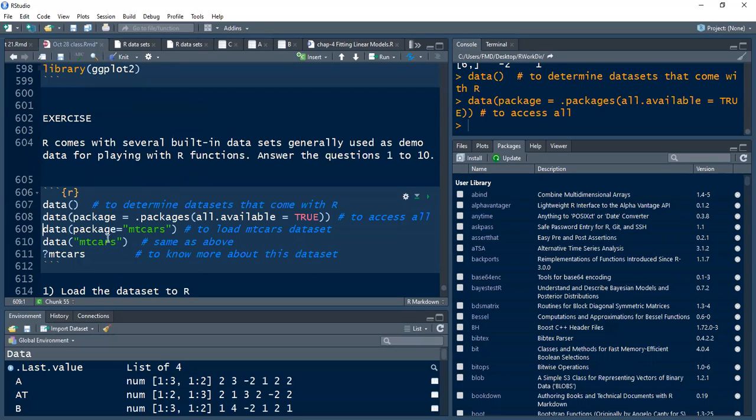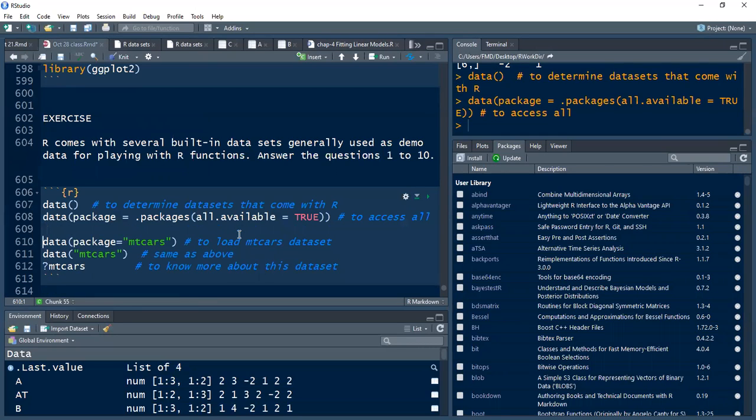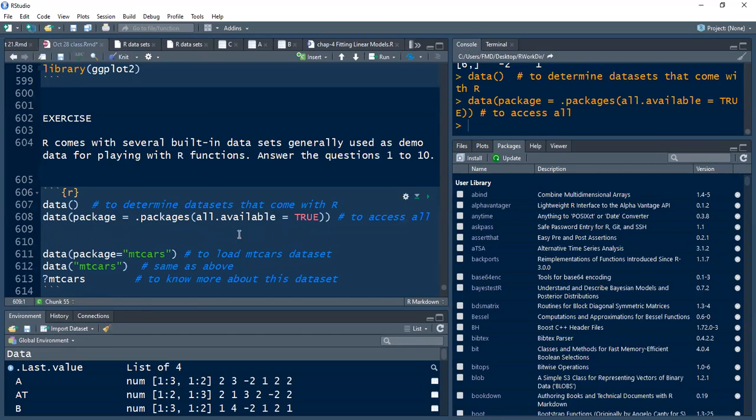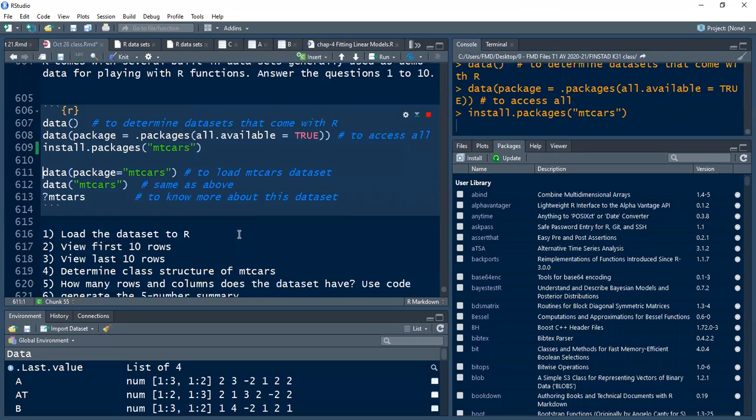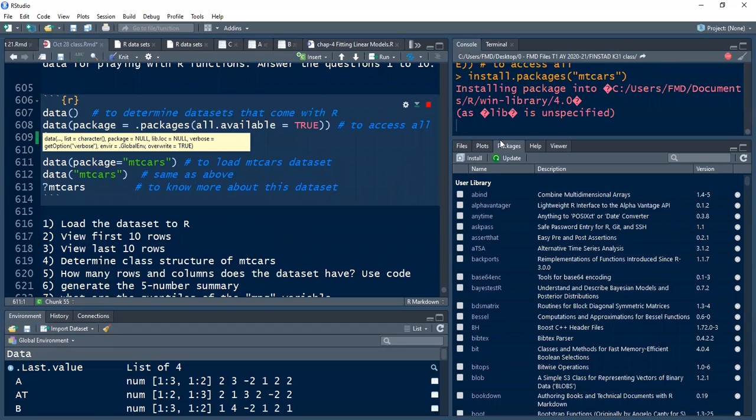All right, so now I don't know if you have already, so from the mtcars, guys, if you haven't installed mtcars, so kindly do that. Install the package, mtcars.